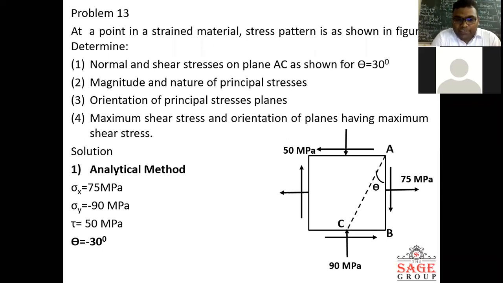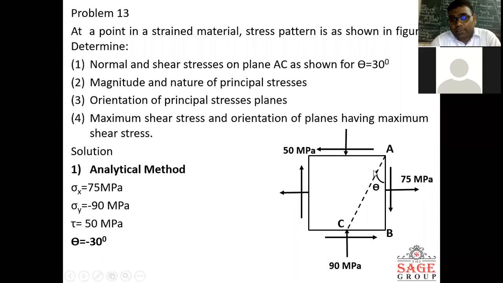First we will solve this with the help of the analytical method by using the formulas. This is a diagram; try to understand it. This is a strained body where stress is applied in the x and y directions. In the x direction, the stress applied is 75 megapascal, which is tensile in nature.